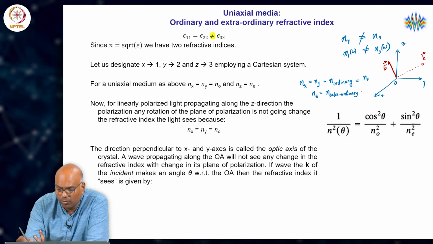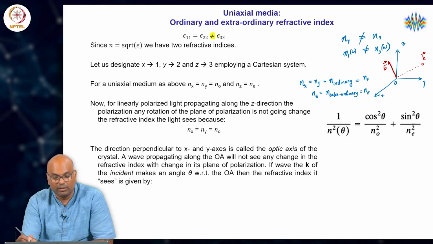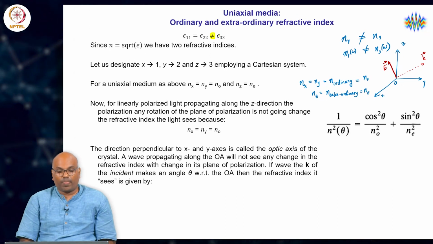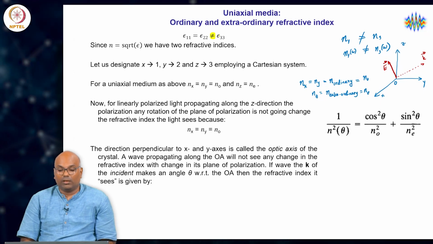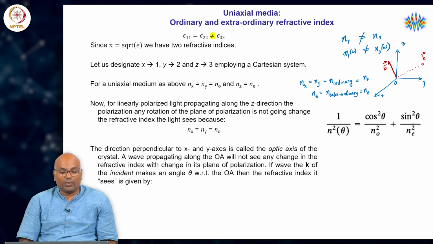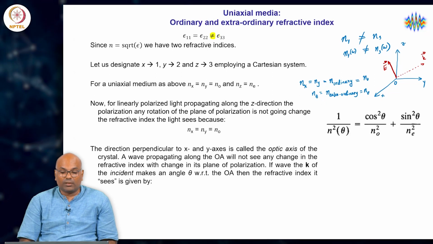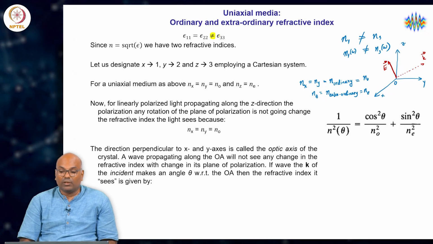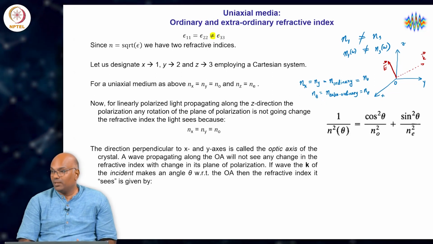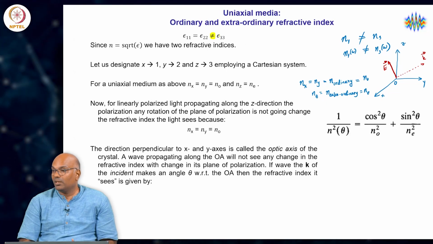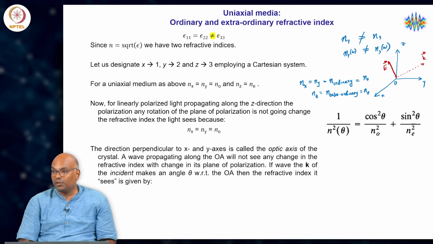This is n_o, this is n_e. Now, a linearly polarized wave propagating along z can only have its electric field vector in the xy plane.